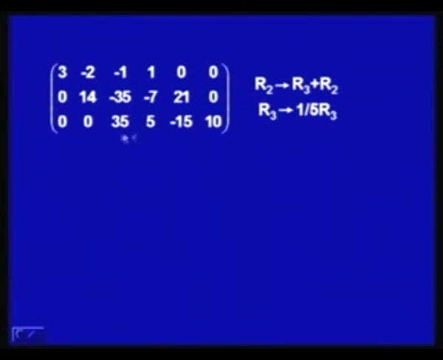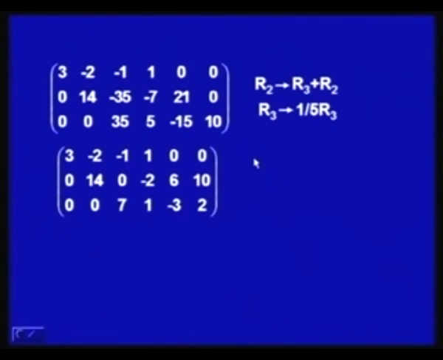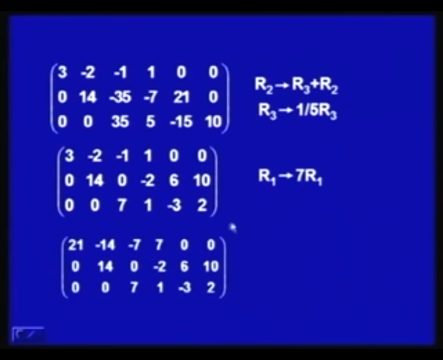So, when you add the two, this will become 0. R3 is again 1 by 5 R3, so that becomes 7, and we apply another transformation, R1 is 7 times R1, so that this will become 0. In the next step when we add R2 and R1, this will become 0.